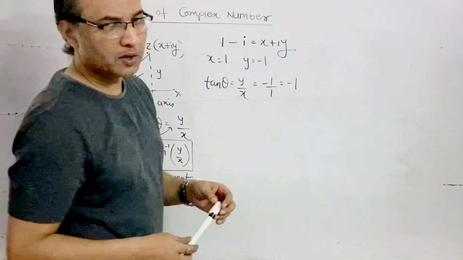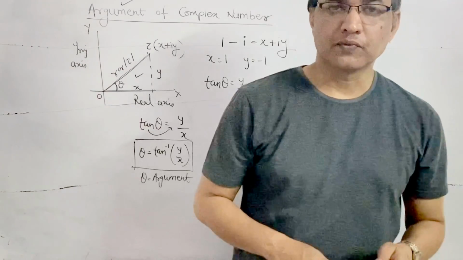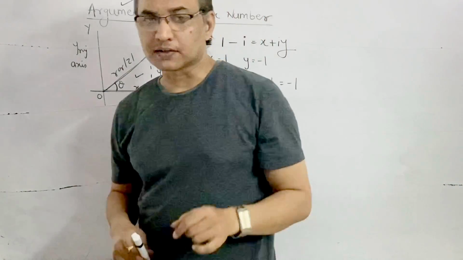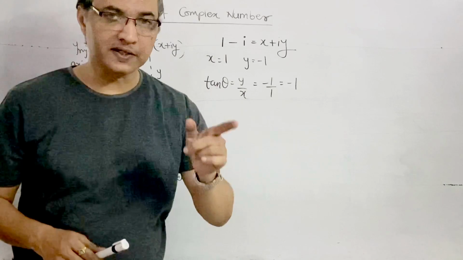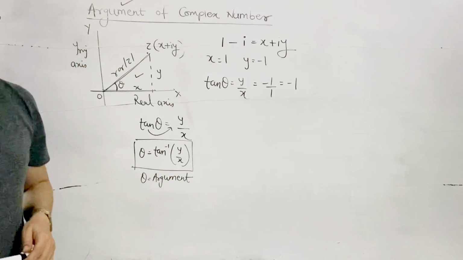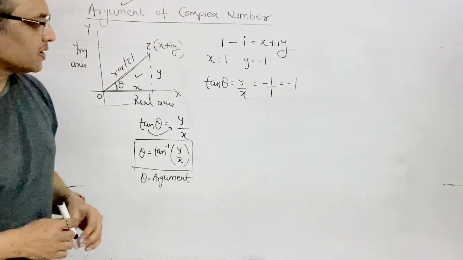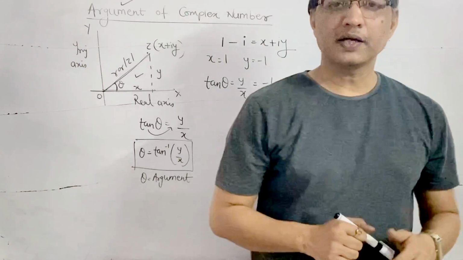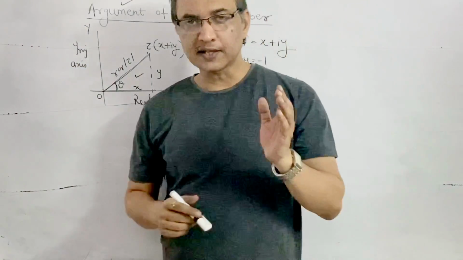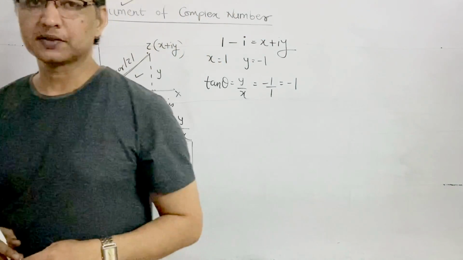Now, in order to find the argument, we have to find the value of angle. That angle for which the value of tan theta is minus 1. That angle we have to find. But the problem here is that value of tan theta is negative. In 10th class you have studied that tan theta is equal to 1 at 45 degree.